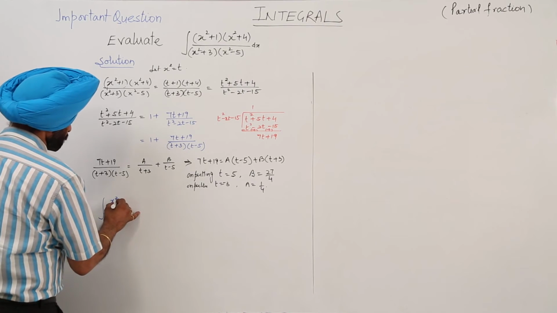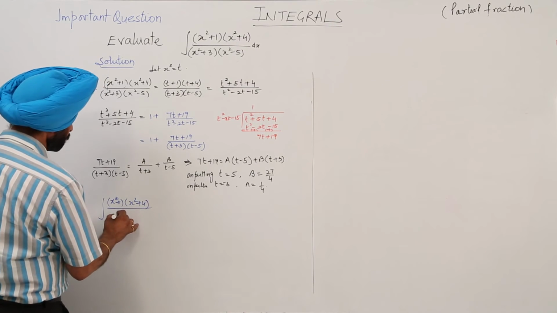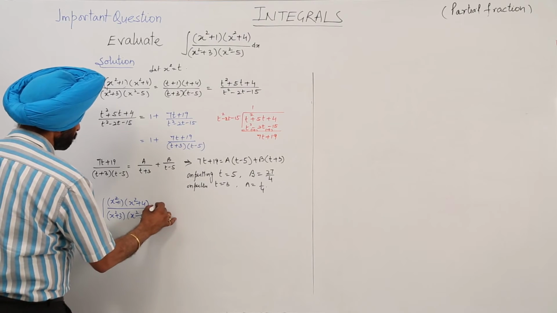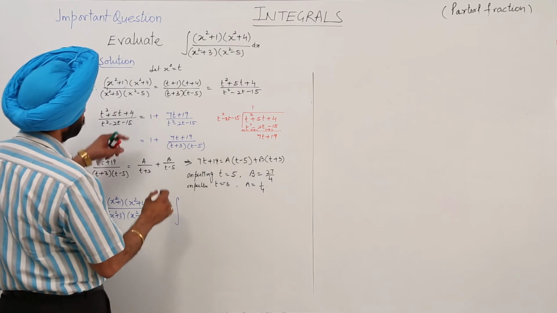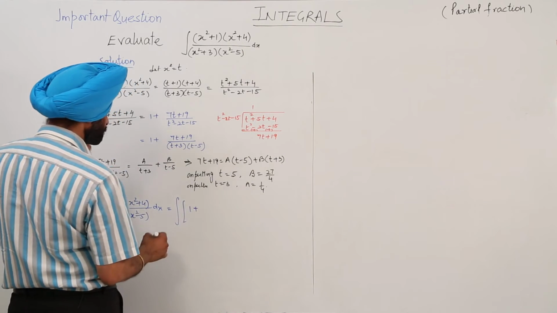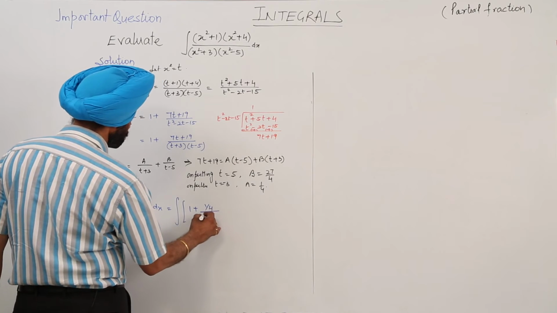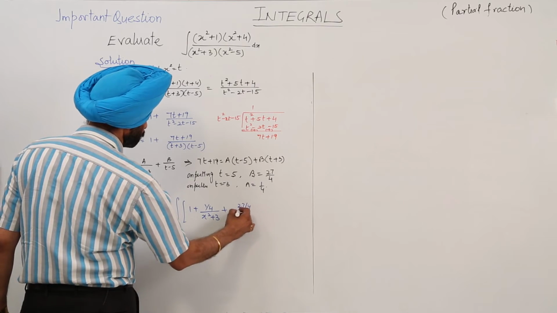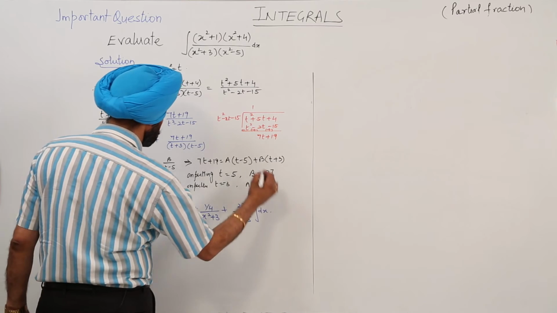Integration of (x square plus 1)(x square plus 4) upon (x square plus 3)(x square minus 5) dx is equal to integration of 1 plus (1 upon 4) upon x square plus 3 plus (27 upon 4) upon x square minus 5 dx.